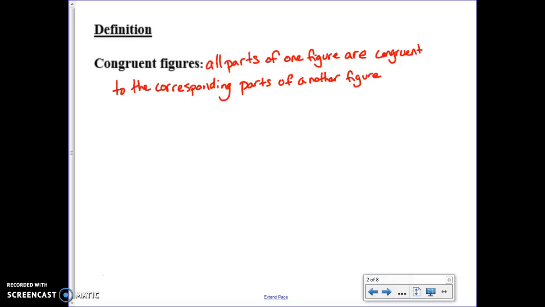So all parts of one figure are congruent to the corresponding parts of another figure.